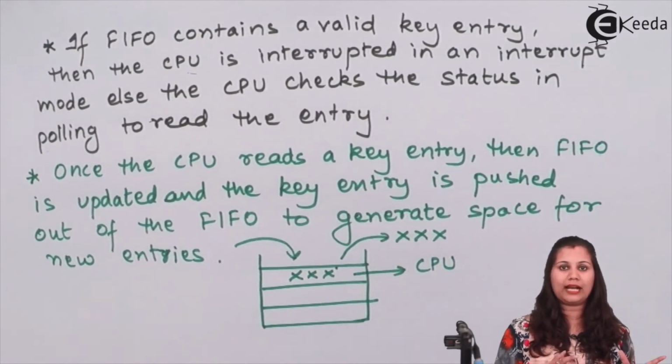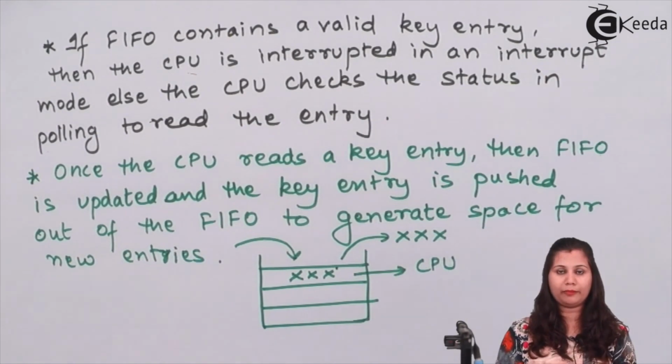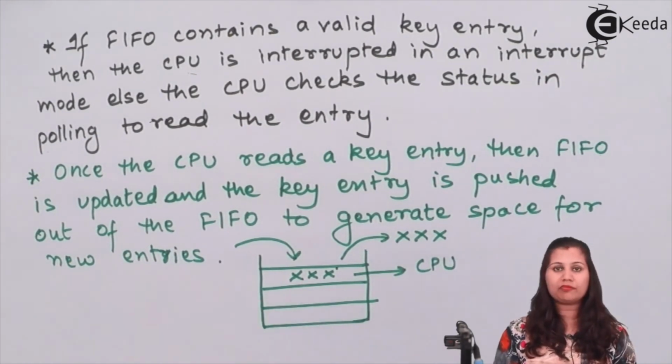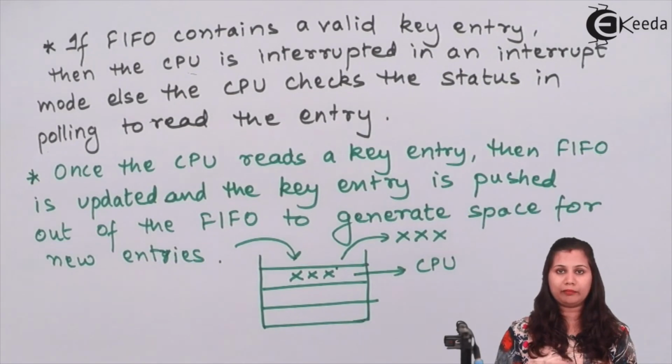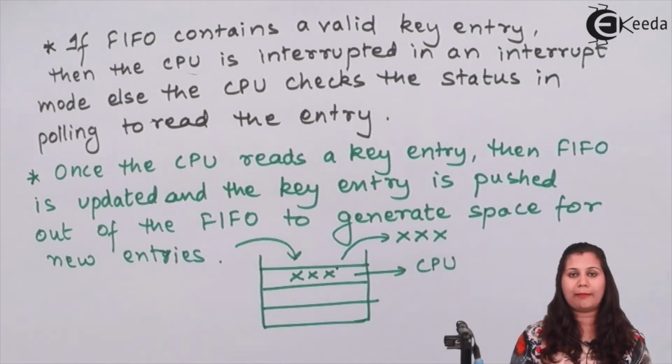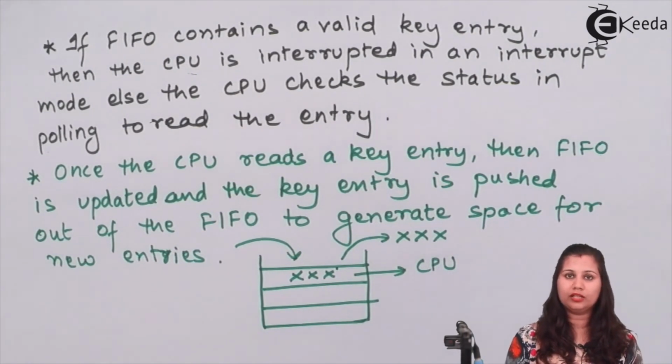The CPU gets to know that this key code is in the FIFO RAM and is associated with this key, so the function associated with the key is performed by the CPU, and then this FIFO RAM is made empty. The entry is pushed out of the FIFO RAM so that new entries can get space and be stored in this RAM. In this way the 8279 programmable keyboard display controller works.